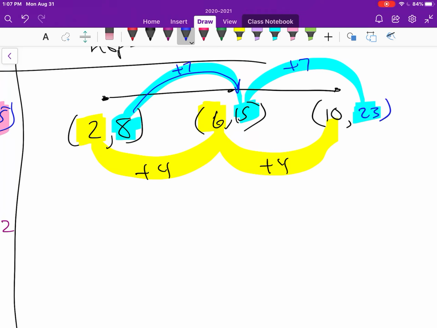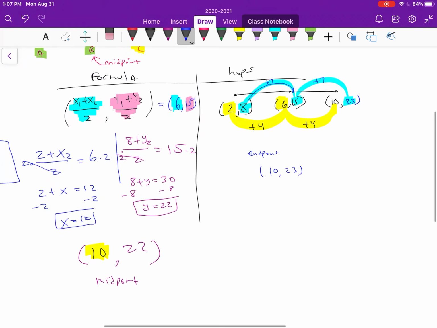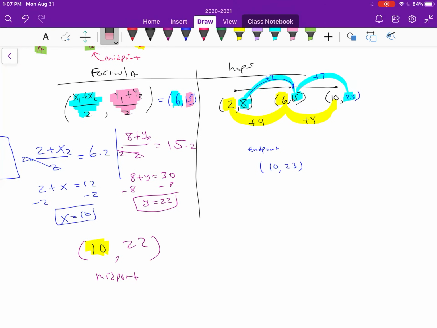So there you go. So now your endpoint is located where? 10 comma 23. And it's the same as what we had down here. Now, it wasn't the midpoint that we're looking for. That's my fault. It was the endpoint.